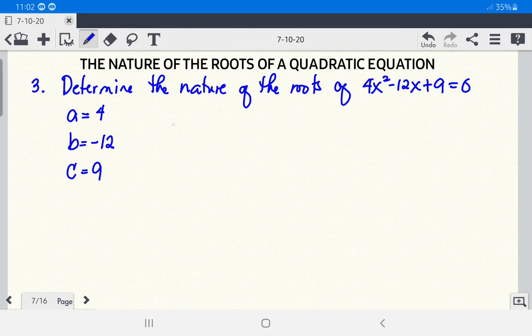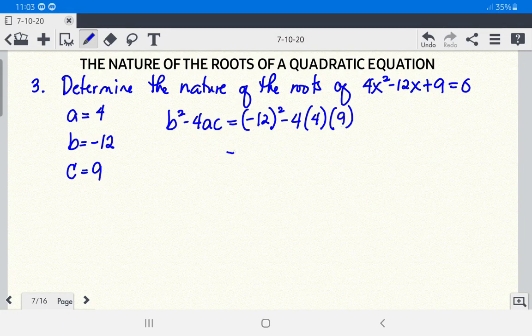Okay. Next, using the formula b squared minus 4ac. So b is negative 12. Square it. Minus 4 times the value of a, which is 4, times the value of c, which is 9. The negative 12 squared, we have 144. Then, negative 4 times 4, we have negative 16. Times 9, we have negative 144.